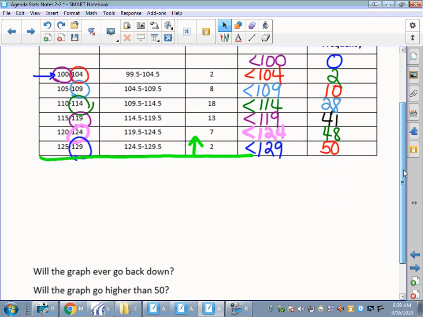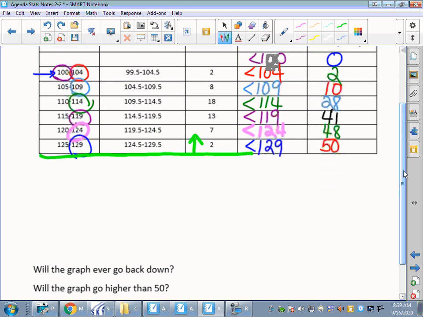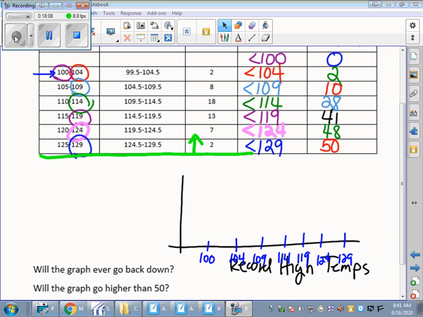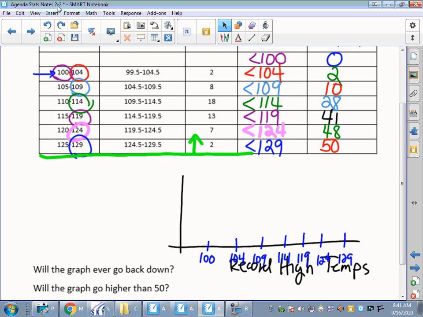So the first thing I'm going to do is make myself an xy axis. The x is the upper bounds of the record high temps. I'm just going to use those upper bounds.